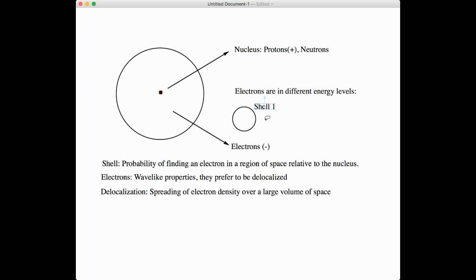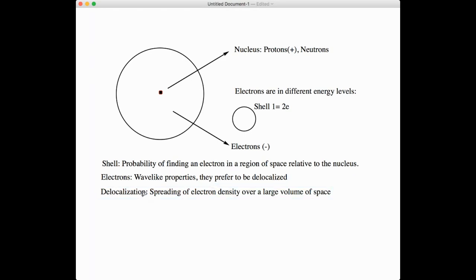Shell number one will have two electrons, and we will see about that rule now. Because electrons have wave-like properties, I don't want you guys to ever think from now on that we have one electron in this area, another one over here. No. We are going to talk about electron density because electrons prefer to be delocalized.